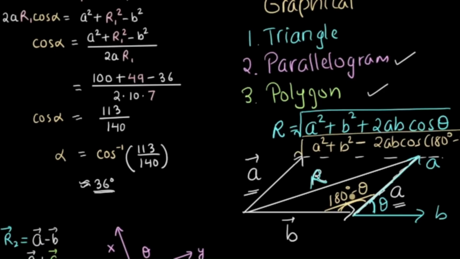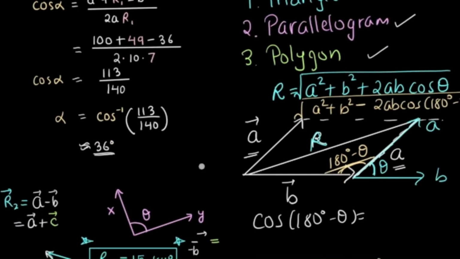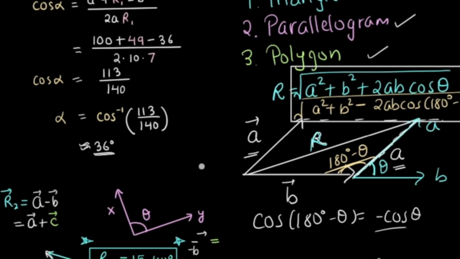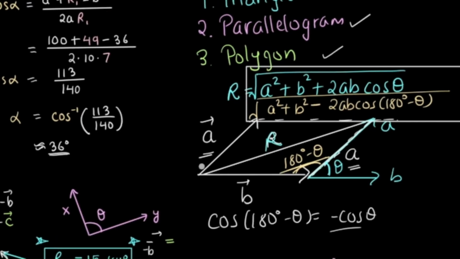Now we know the identity. Which identity? The identity that cosine 180 degrees minus theta is equal to negative cosine theta. So these two are basically the same things. There's absolutely no difference between these two formulae.